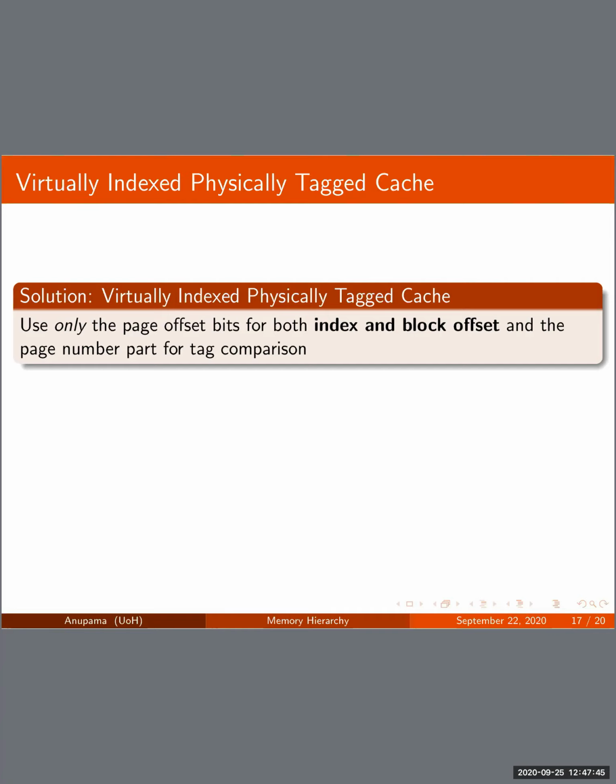So you use the page number as the tag and the offset as the index and block offset fields of your cache address. Now, therefore, you don't have to translate the offset. Do you agree? There is nothing called translate because the exact same value comes to you in the physical address also. So what do you do here?